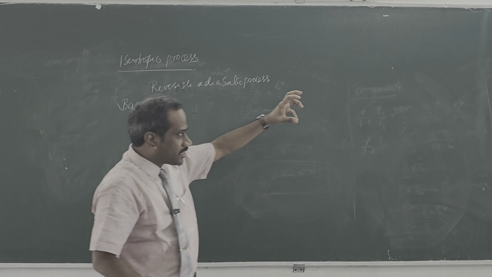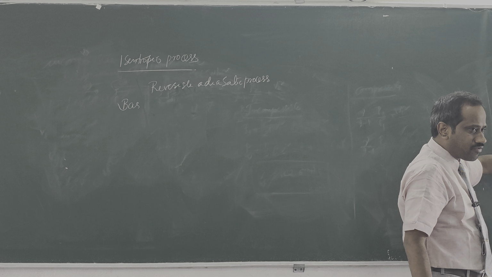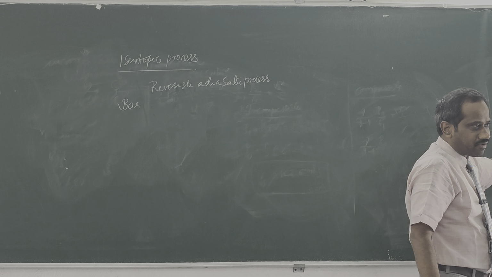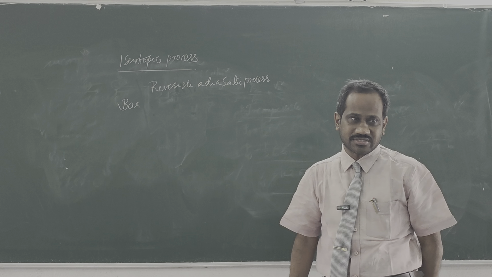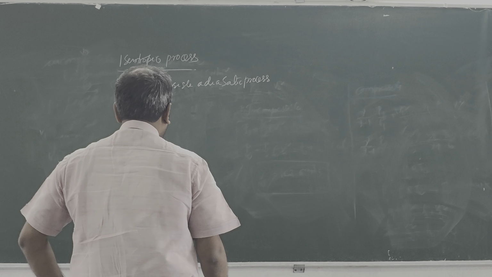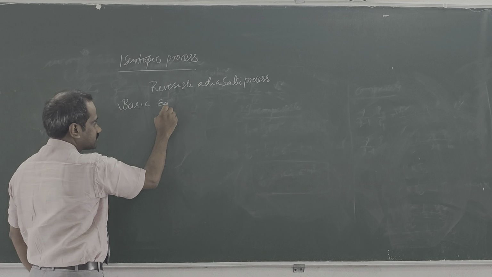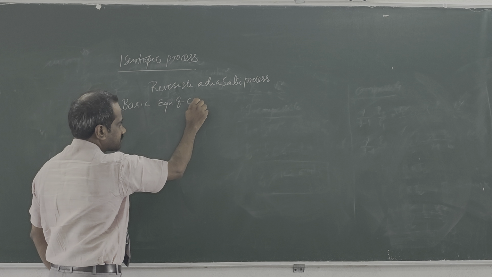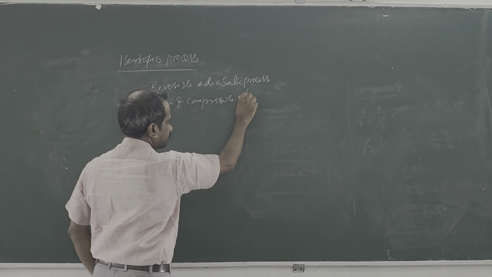The isentropic relation is as easily kept as P2 by P1 is equal to rho 2 by rho 1 power gamma is equal to T2 by T1 power gamma by gamma minus 1, which will be seen differently in gas dynamics. What is that? We'll see. That's what I call, under the heading, basic equations of compressible flows.